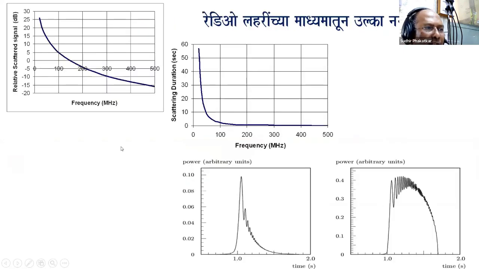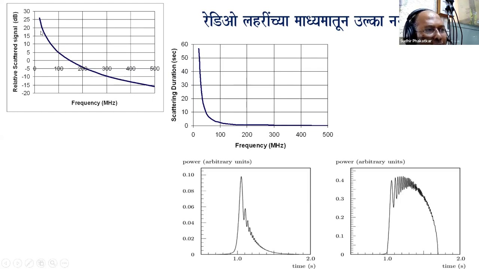So one more, nowadays a theoretical study has also come out, and they have shown the relative scattered signal in the frequency domain. Then scattering duration also they have shown. So here you can see that at less than 50 to 100, the relative scattering, meaning power, will be high.